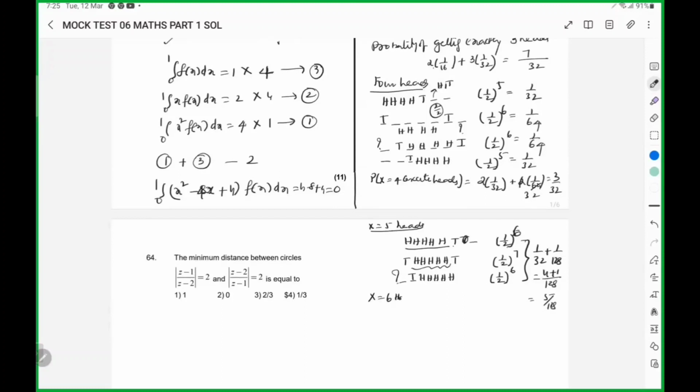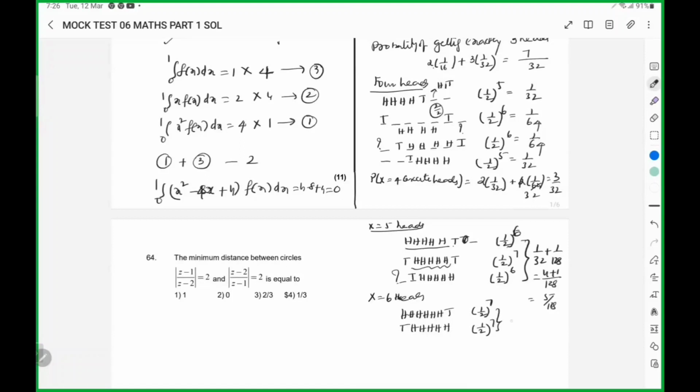Getting 6 heads: head, head, head, head, head, head, tail. That is 1 by 2 power 7. Again, tail, head, head, head, head, head, head, 1 by 2 power 7.